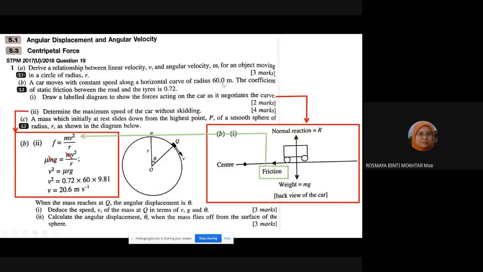So you are allowed to give your answer one step higher. If you answer in 4 significant figures, it's still okay. But it's advisable to refer to the information given here. This is 2, and this is 3.